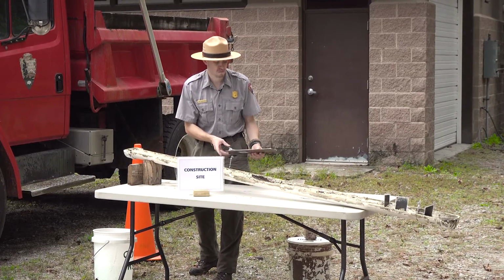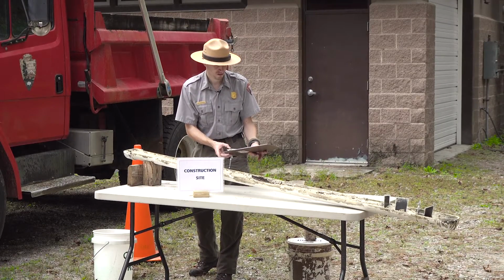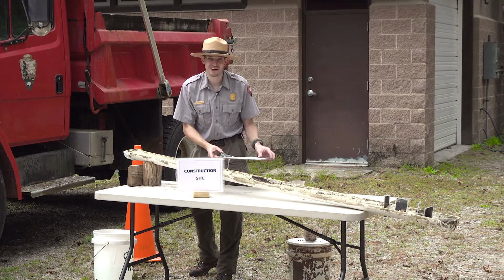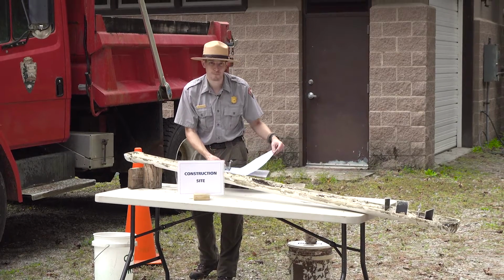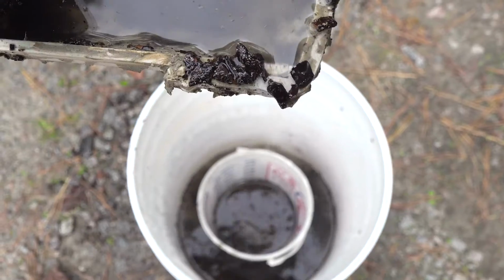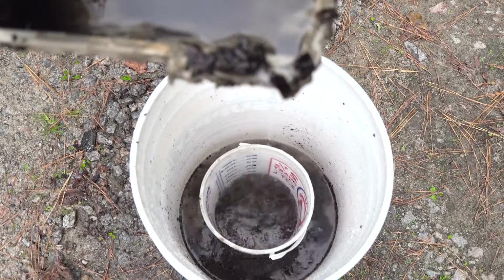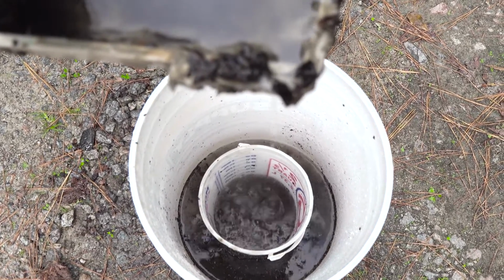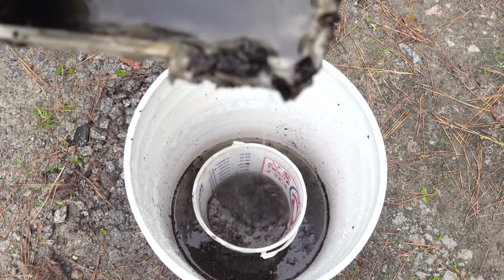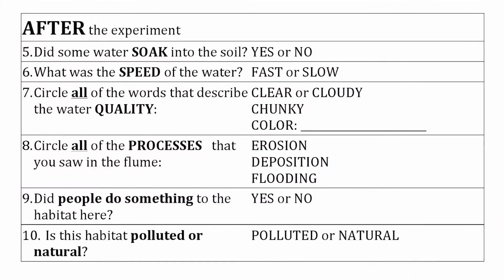That was pretty impressive. So now that you've seen what happened on this construction site, let's talk about a few other things that we can observe from what happened on this flume. Let's answer some questions about what happened when it rained on this construction site.